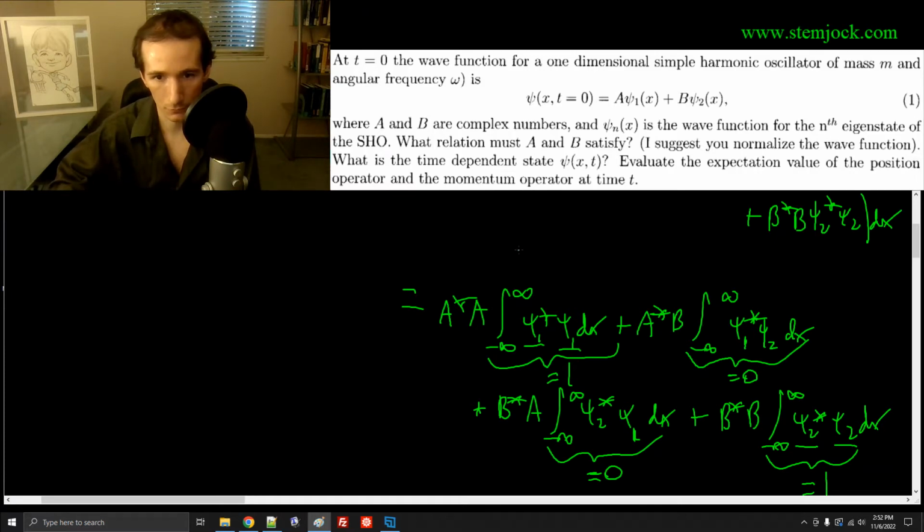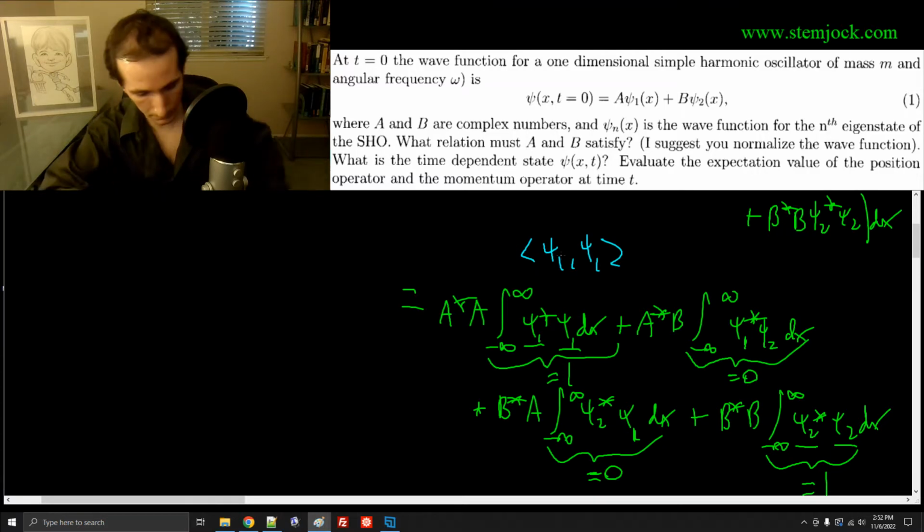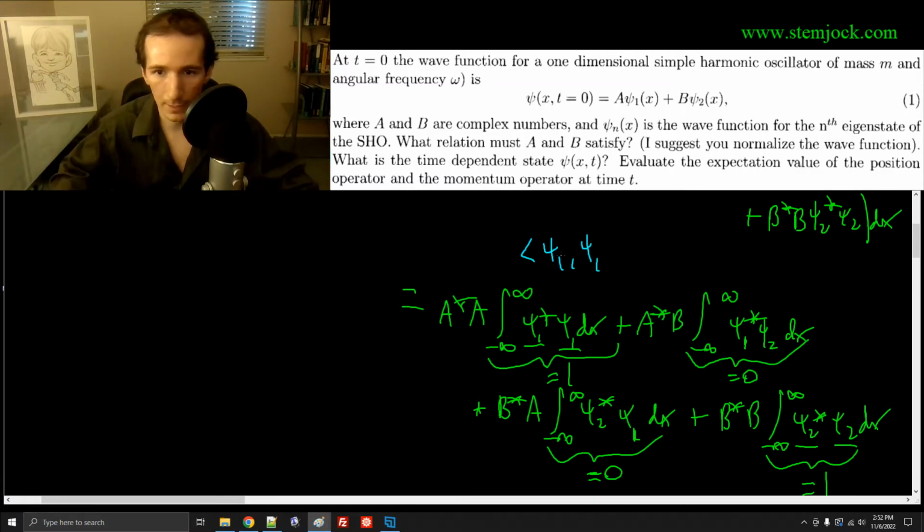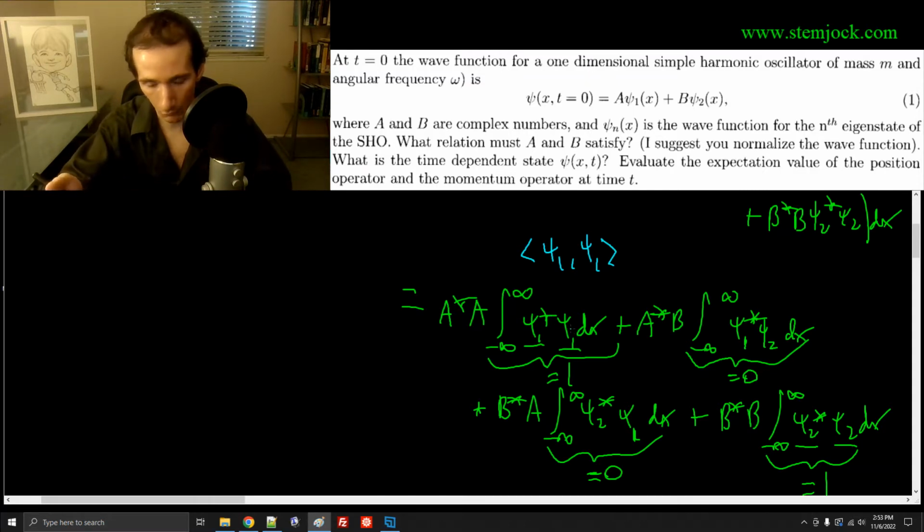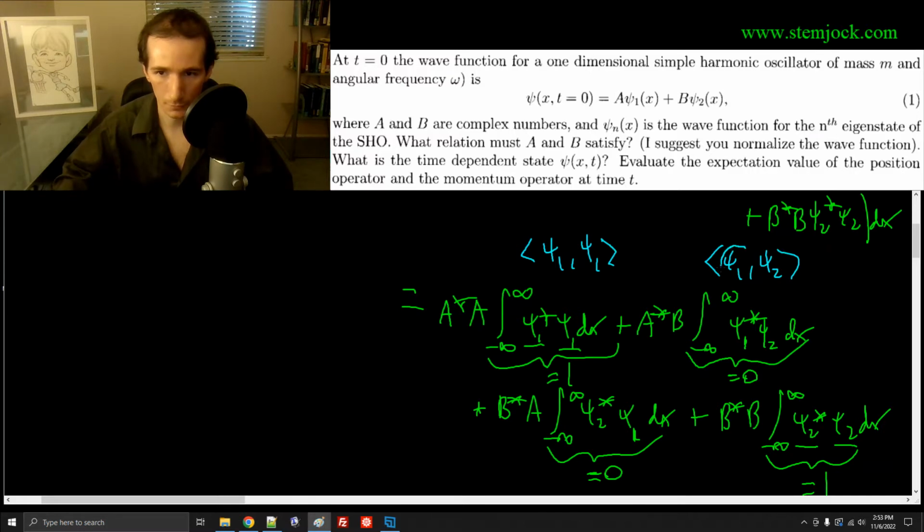So for this first integral, I can write it very compactly as the angled bracket of psi_1 comma psi_1. This is a very convenient way to write the integral dx of psi_1 star psi_1. This other integral would be psi_1 comma psi_2. You'll notice that the first function is the one that's complex conjugated, and the second function is the one that's not.